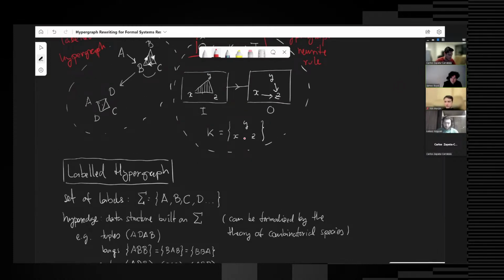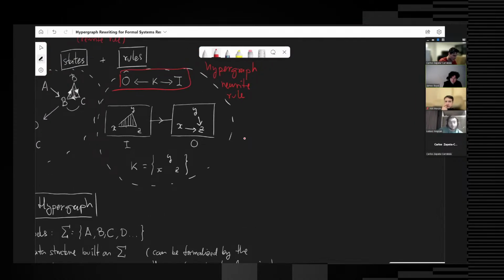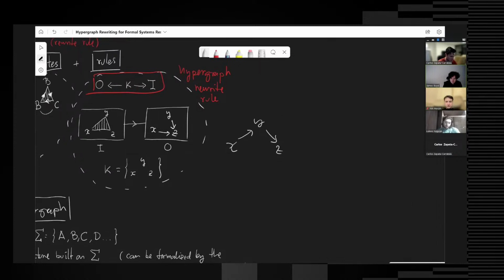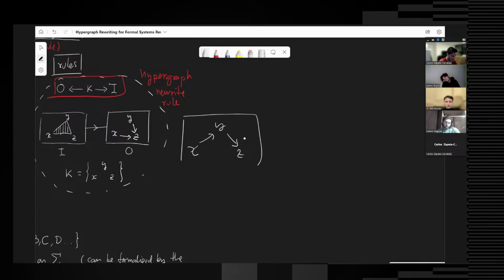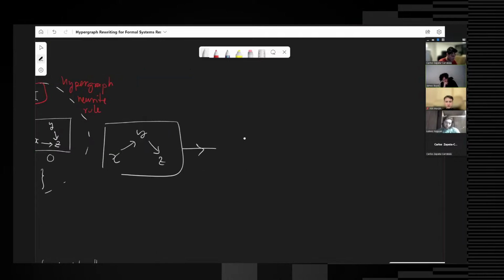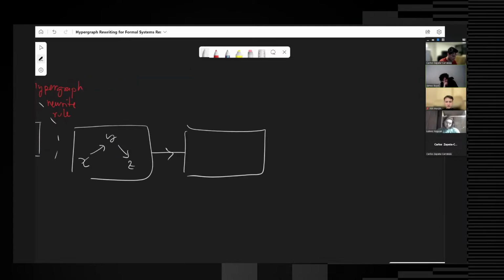If you think of, just for people who are familiar with category theory, you can see that if I wrote something like this, X, Y, Z as my input, and I wrote this particular hypergraph as my input hypergraph, and I take this into something that looks like X, Y, Z, so X, Y, Z is the context that gets preserved, and you get something like that.